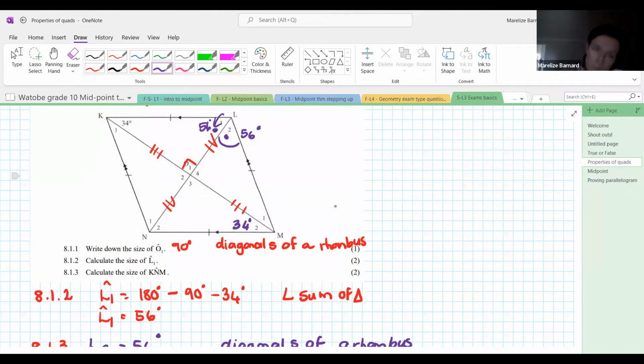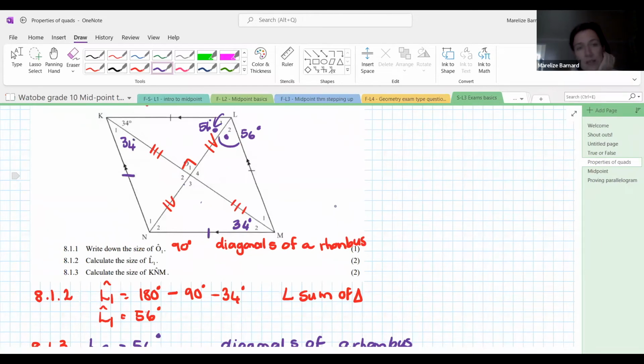Then I subtracted the two 34s from 180, sum of interior angles of a triangle, and I got 112 also. Oh, you did it like that. So here's your isosceles triangle.